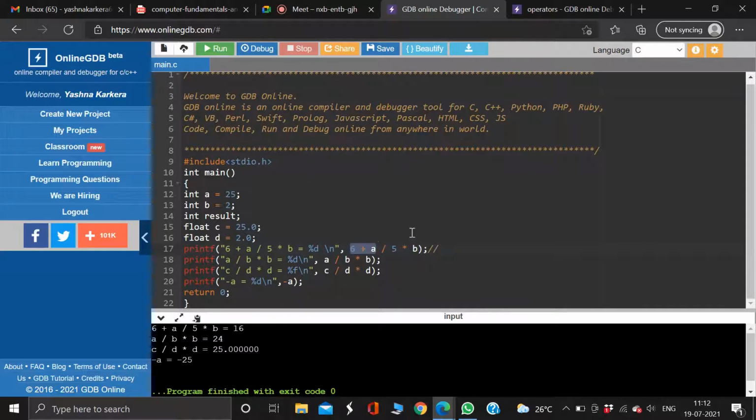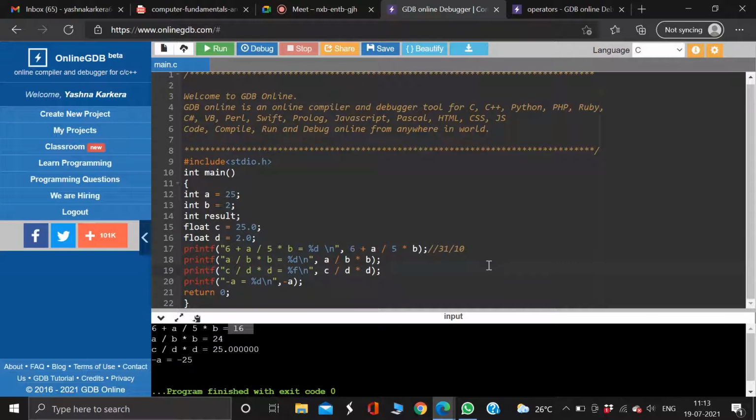What did you get in the numerator? 6 plus A, 25 plus 6, 31. Very good. And what did you get in the denominator? 10. Okay, so what is the answer that you got?